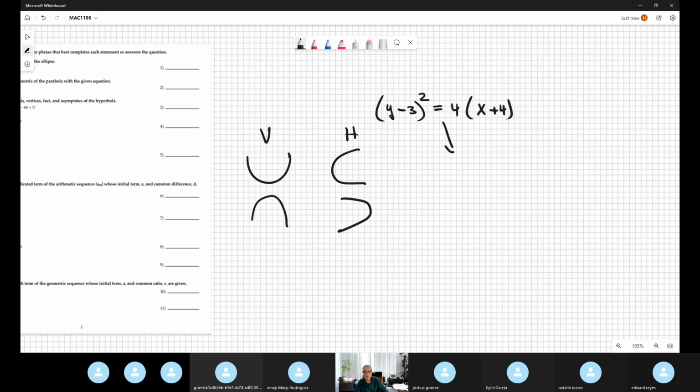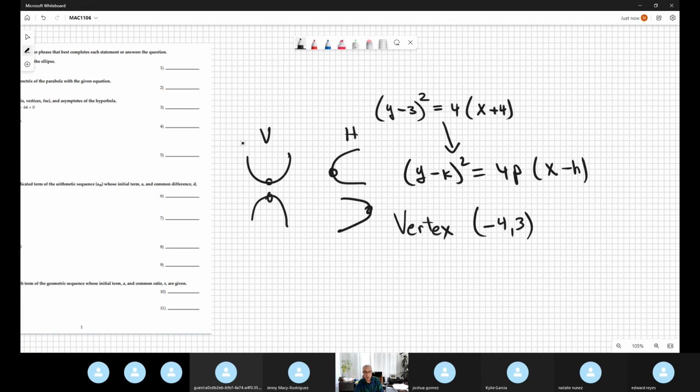But you immediately recognize that this equation looks similar to this: y minus k squared equals 4p times x minus h. Okay, so k is obviously 3. And h is obviously -4, right? And the vertex. In this case, the parabola has no center. Its vertex, that is this point, is located at the point h, k. h, k is -4, +3.